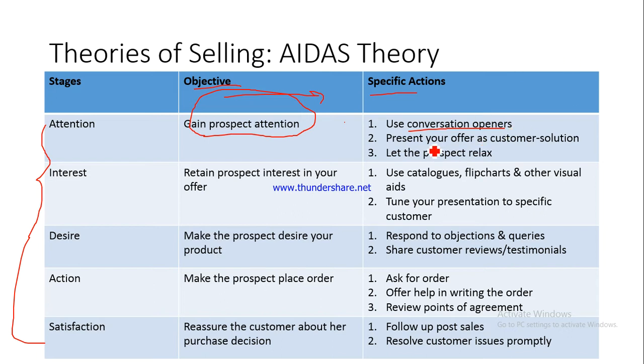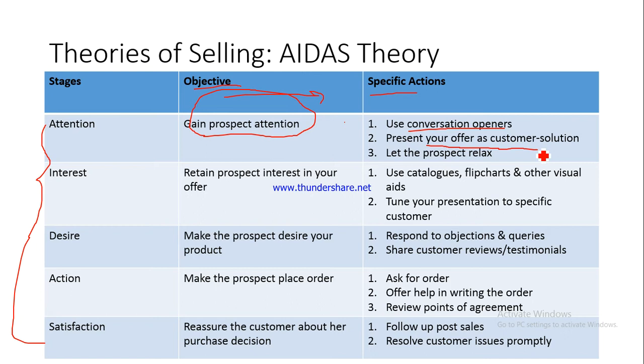These are conversation openers. So you can use these kind of conversation openers to gain the attention of your prospect. Secondly, use this time to offer your product as a solution to the needs that the customers have. You use this time to suggest your product as a solution to all the problems that the customers are facing.